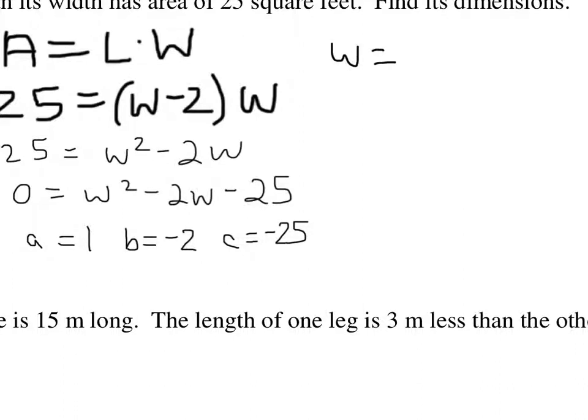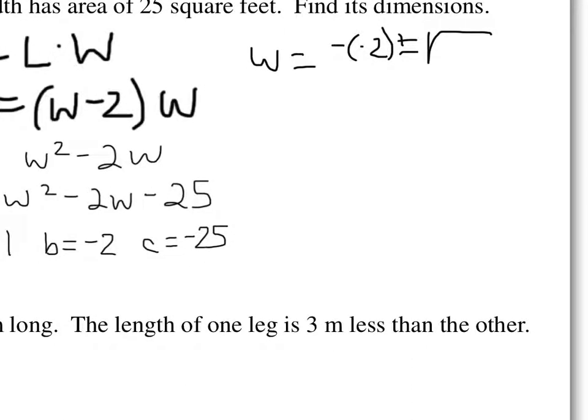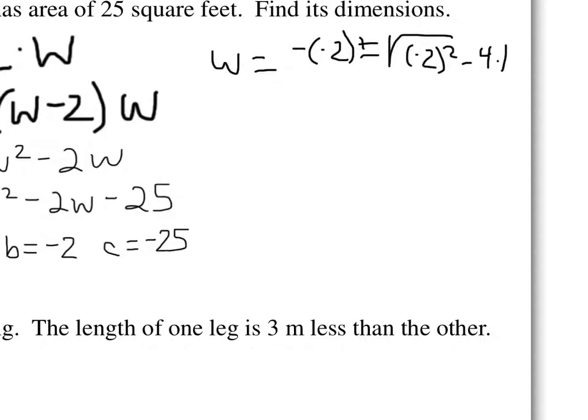So we have W equals negative B, so negative 2 plus or minus the square root of B squared, negative 2 squared, minus 4 times A times a negative 25, all over 2 times A.